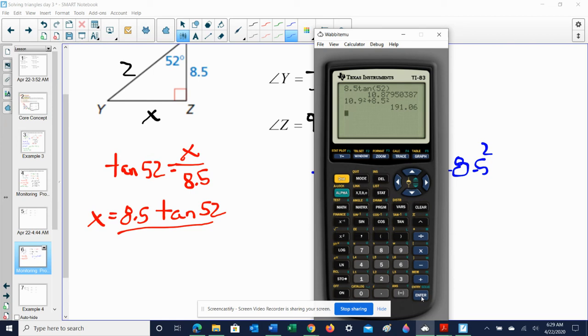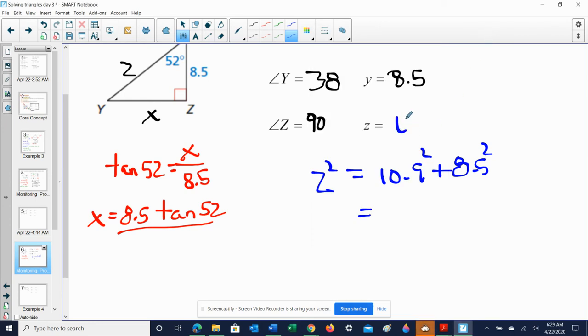I get 191.06. But I need to take the square root of that. That's not my answer. That is z squared. To find z, I have to take the square root of 191.06, which is 13.8.